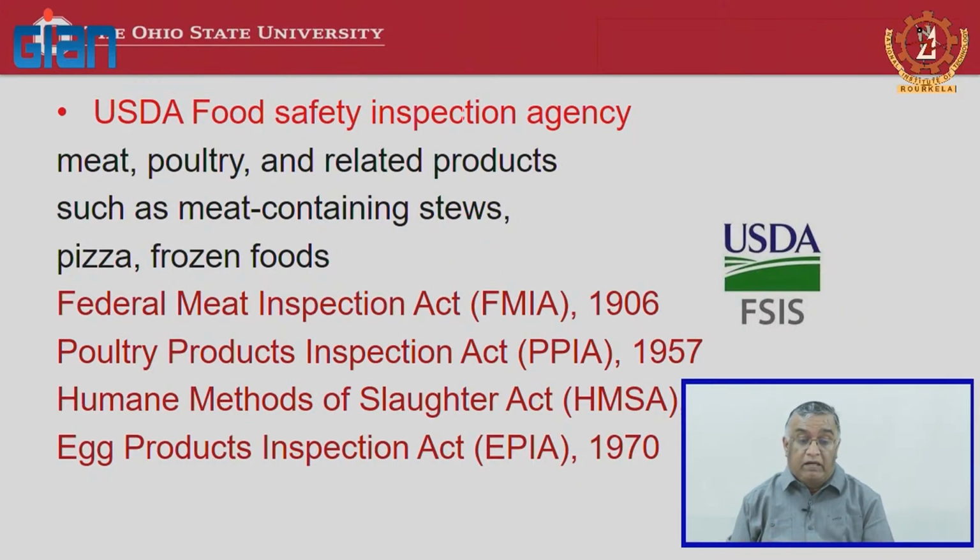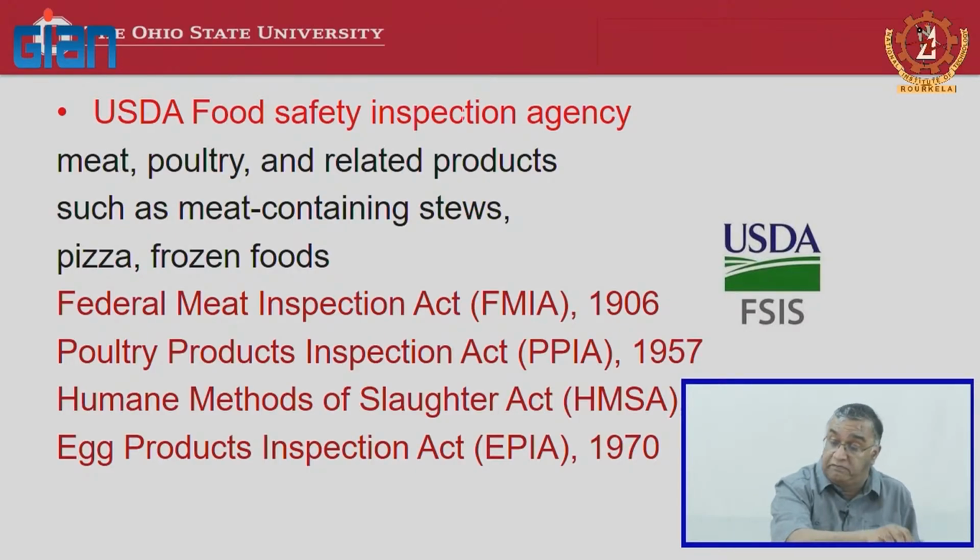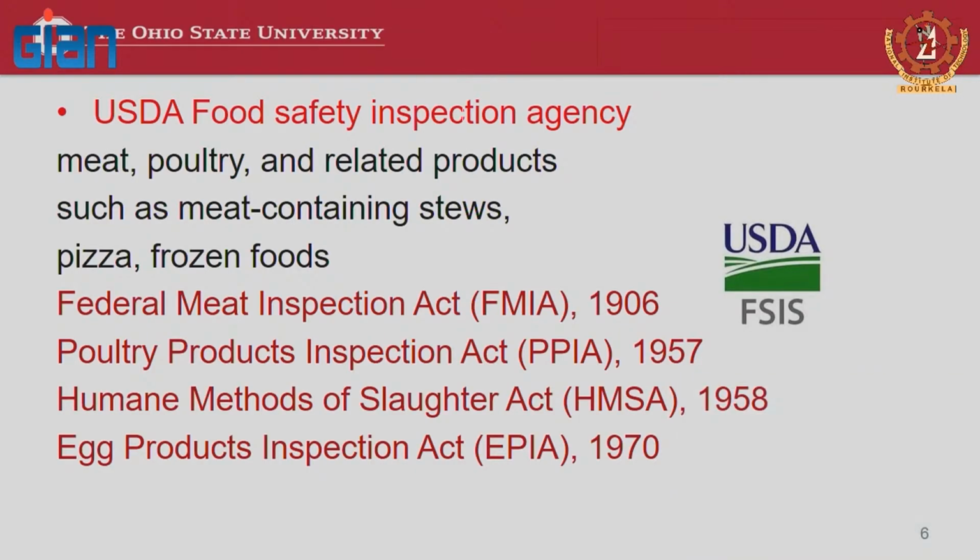USDA basically covers a lot of the meat products: meat, poultry, meat-containing stews, pizzas, frozen foods and so on. The Food Safety Inspection Service gets its authority from the Federal Meat Inspection Act, which was passed in 1906, and then the Poultry Products Inspection Act, and the Egg Products Inspection Act and so on.